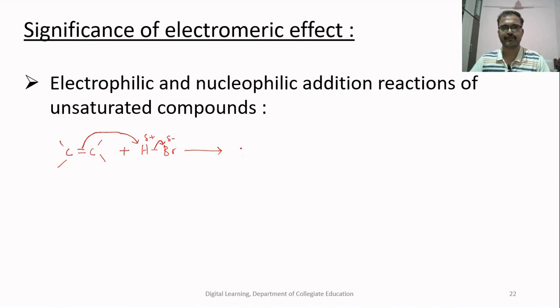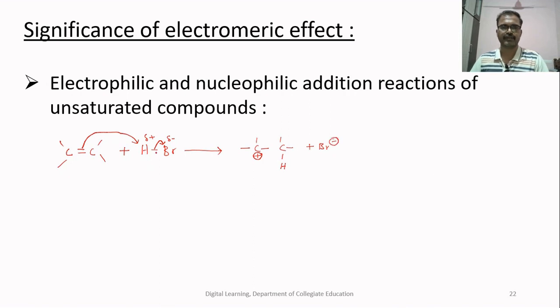Here it is carbon, then a single bond, again carbon, and hydrogen will get attached to this carbon atom, and this carbon is going to have a positive charge because it loses the pi electron and gives Br minus. Look at this step.